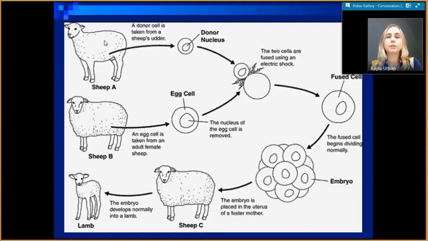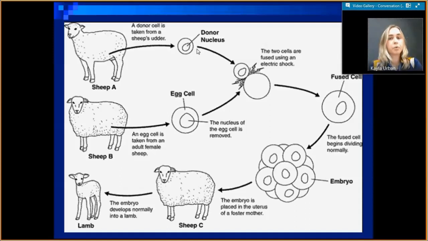You need a donor cell taken from the sheep's udder, but it could be taken from anywhere. You just need a donor cell, one that is not a sex cell, so a body cell, a skin cell or something. And from another cell, you need an egg, okay? So the egg cell is taken from an adult female sheep.